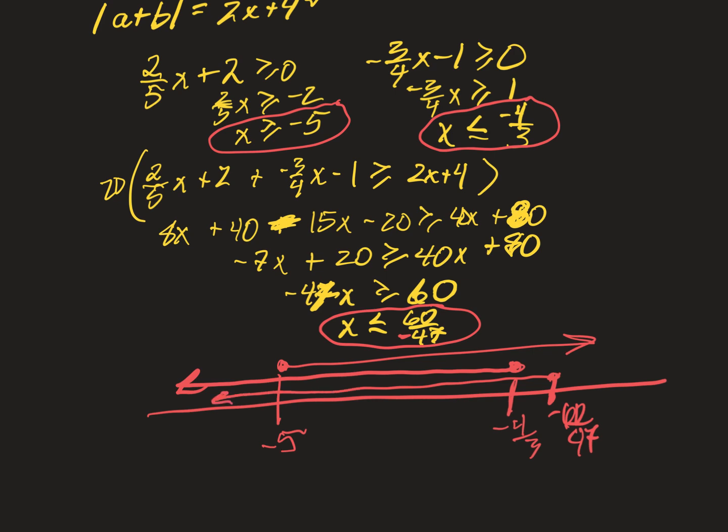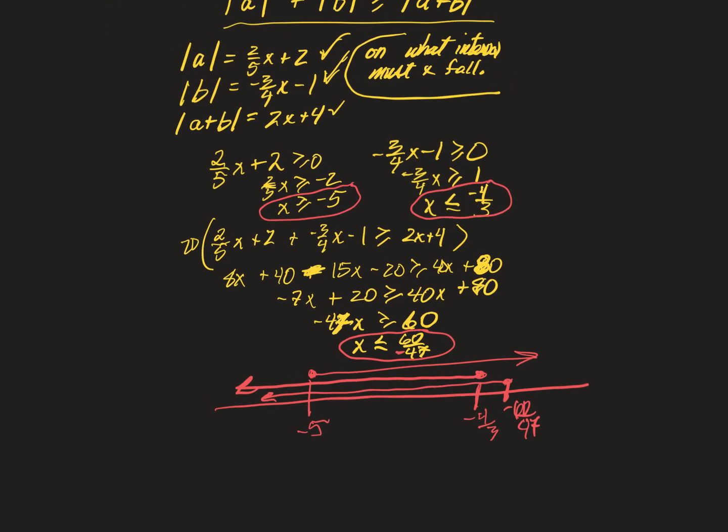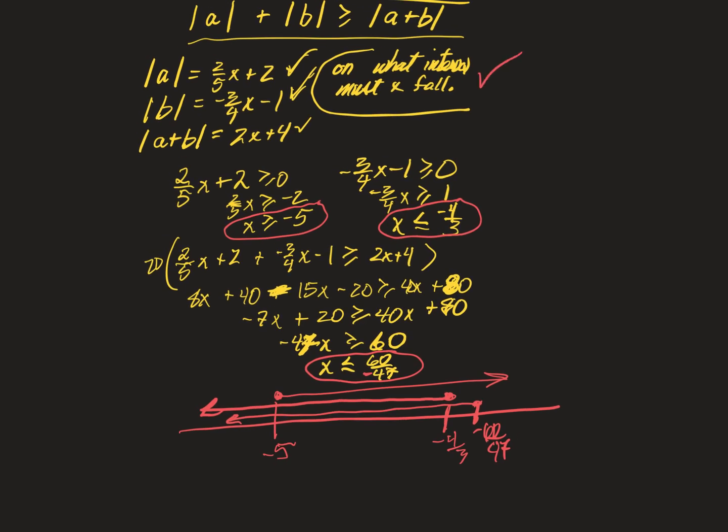And so the problem originally wanted us to find on what interval must x fall. So by meeting each of these conditions, the two individual moduluses are greater than 0, and then the third condition where the sum of the two individual moduluses is greater than the modulus of the sum, you get three inequalities, and basically you're looking on a number line for where they overlap.